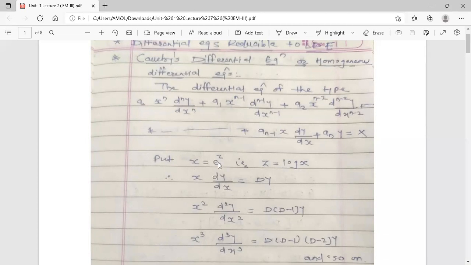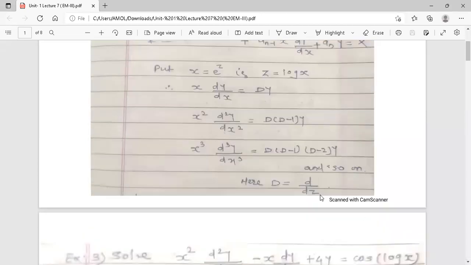If x is equal to e raised to z, then the substitution for x into dy by dx is equal to D into y. This capital D is nothing but the derivative d by dz, the derivative with respect to z, because we are replacing the variable x by e raised to z.